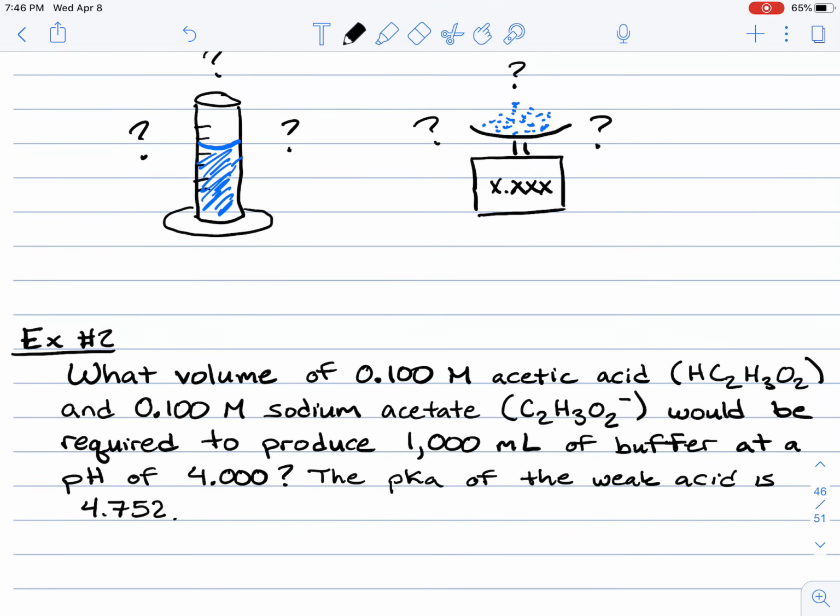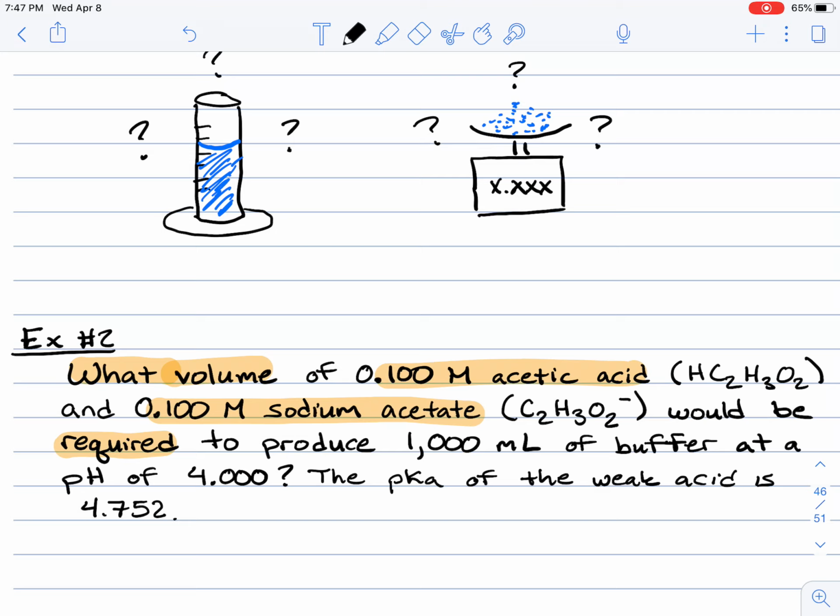Reading through example number 2, it's asking what volume of 0.100 molar acetic acid and 0.100 molar sodium acetate is required. So what volume is required of these two substances at a specific concentration to produce 1,000 milliliters of buffer at a pH of 4.000.